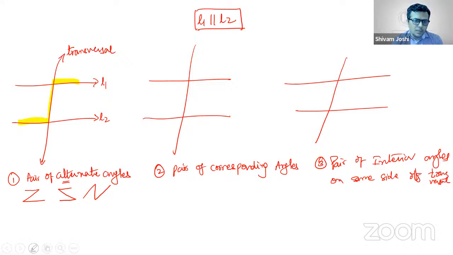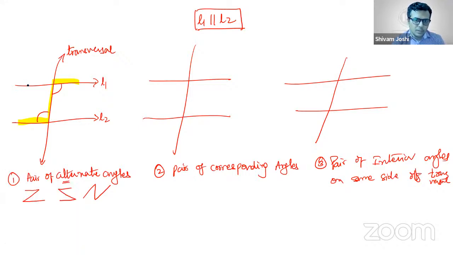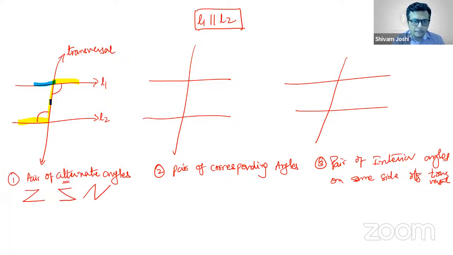Correct. And the angles which will be enclosed over here is, this is one pair, okay? And if you take this, mirror image of the Z shape, something like this, you will get another pair.